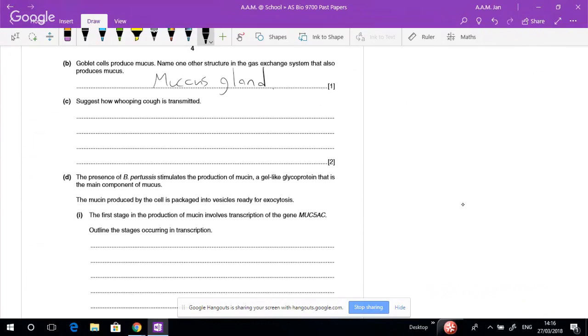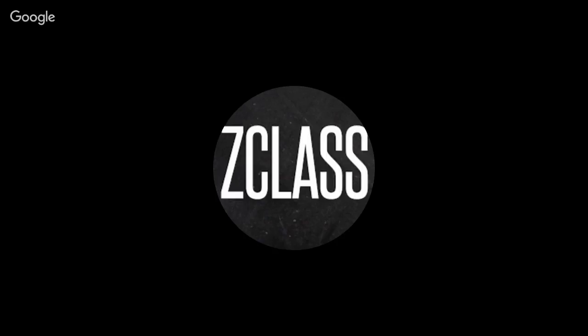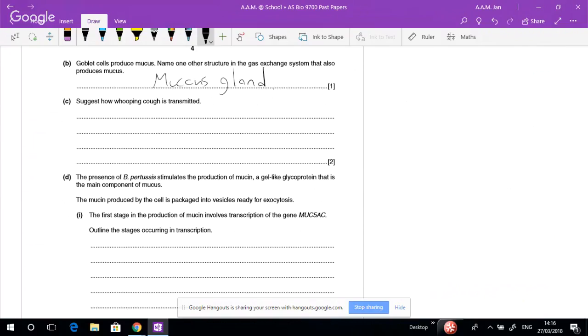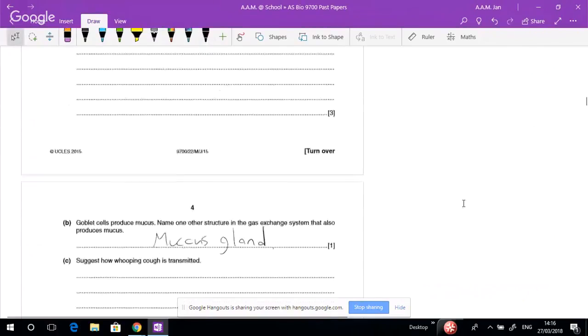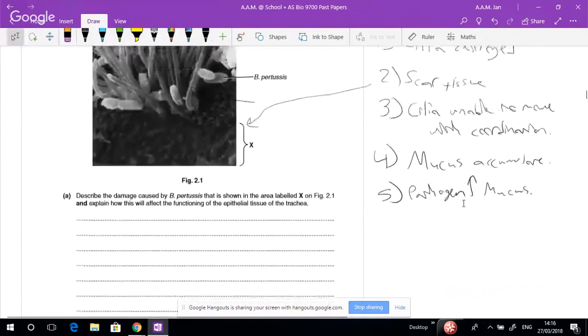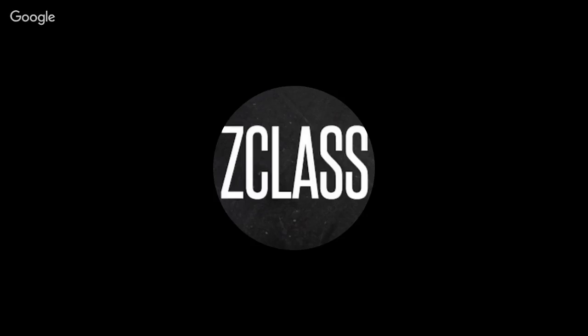Mark, can you talk me through question C? Yeah. Suggest how whooping cough is transmitted. Could I look at the picture again? Yeah, cool. Okay, it's transmitted similar to tuberculosis.